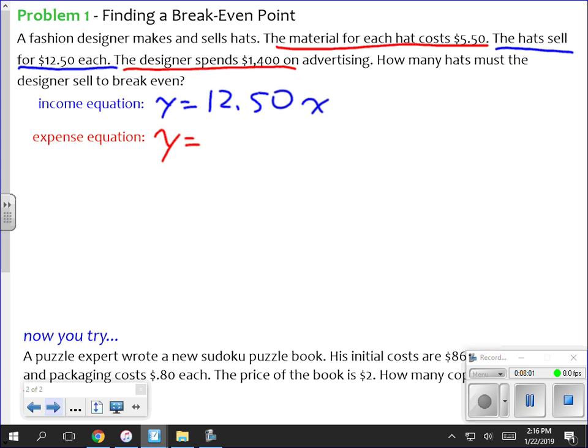So I have 2 types of costs here. I have one for the one-time cost of advertising, and I have one output for how much it is per hat. So it costs me $5.50 per hat, plus the $1,400 I spent on advertising.